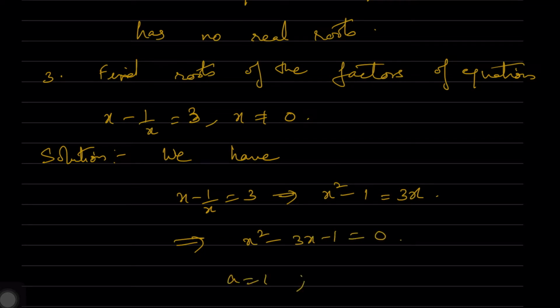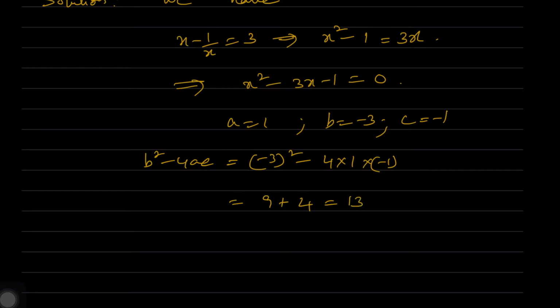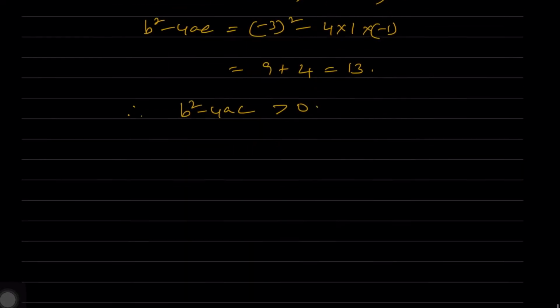a is equal to 1, b is equal to minus 3, c is equal to minus 1. So therefore b square minus 4ac is equal to minus 3 whole square minus 4 into 1 into minus 1, which is 9 plus 4, that is 13. Therefore we are having b square minus 4ac is greater than 0.